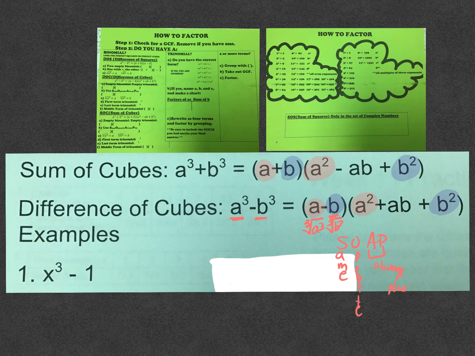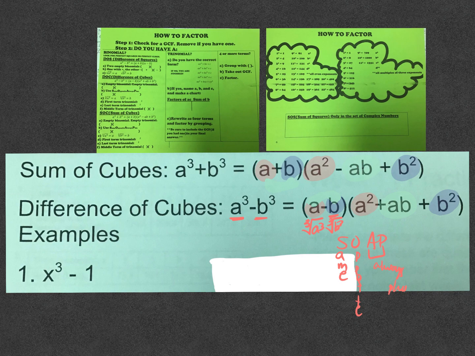And then the final thing, to get this, you multiply these two, A and B, A times B.